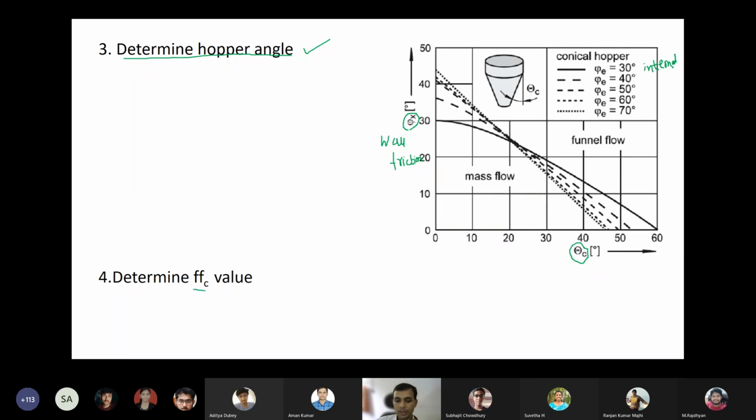Then we need to determine the flowability factor, FFC.